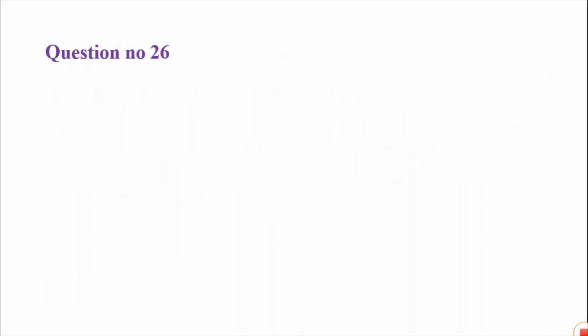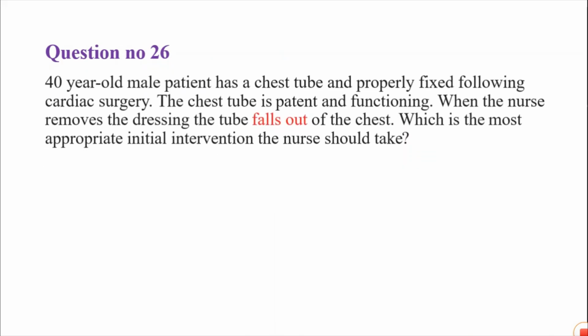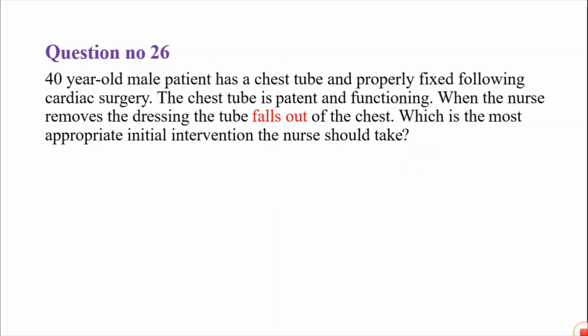Question number 26. A 40-year-old man has a chest tube properly fixed following cardiac surgery. The chest tube is patent and functioning. When the nurse removes the dressing, the tube falls out of the chest. Which is the most appropriate initial intervention the nurse should take?